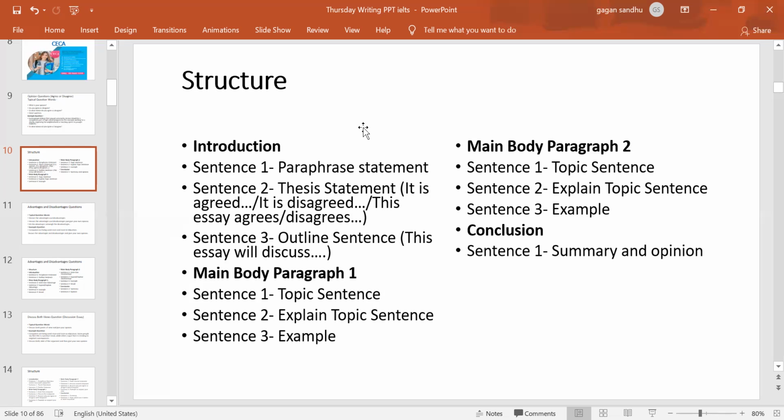Suppose I am saying that individuals will be having a lot of benefits by having community service in the schools, right? Studying it as a high school subject, right? Now the next sentence I'll be writing, this is going to prove beneficial for many reasons. Firstly, this will develop good manners and traits in the children, right?